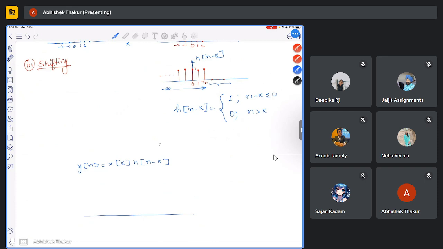This was our x of k, and at the same time this was our h of n minus k.